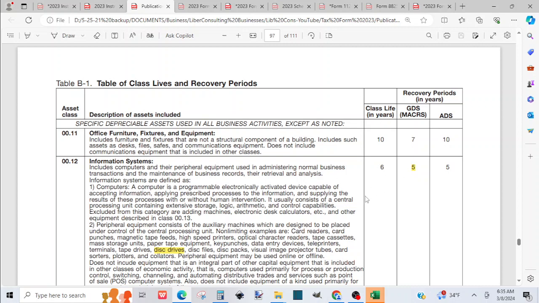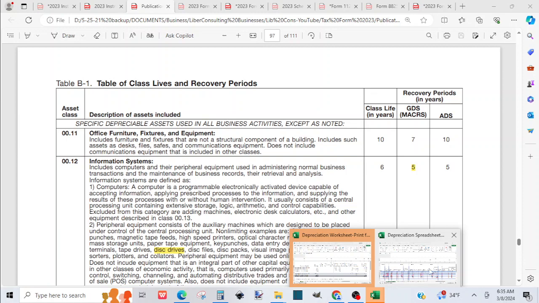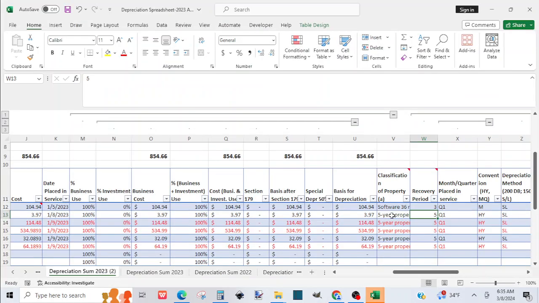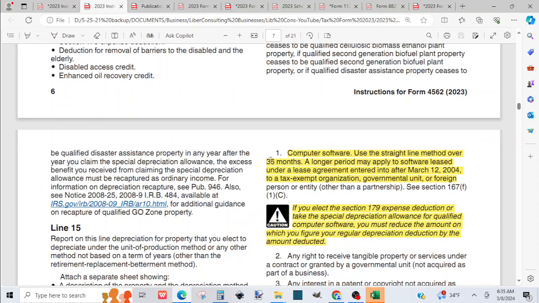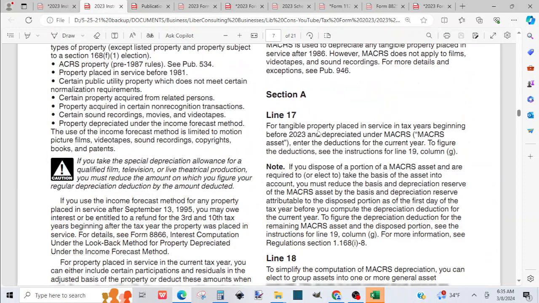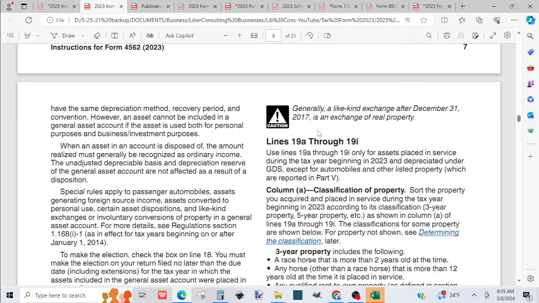Now we'll take that information that we put on here, the recovery period, and then the classification of property. You'll find that in the instructions. So we'll go back to the instructions.